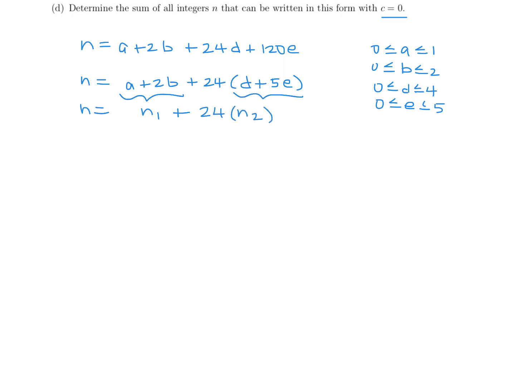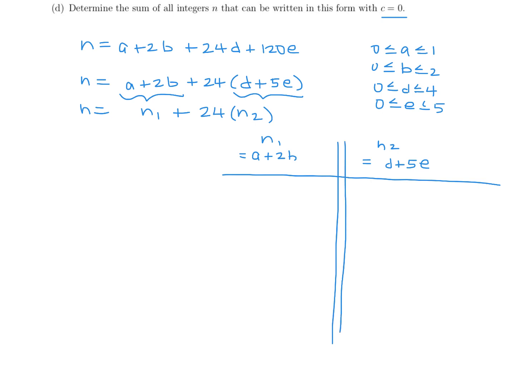And then we can play with this a little bit. So let's make a little table here. N1, which is a plus 2b, and then N2, which is d plus 5e. I'm not going to do it all, but I think we'll get an understanding of what will happen. A is between 0 and 1.